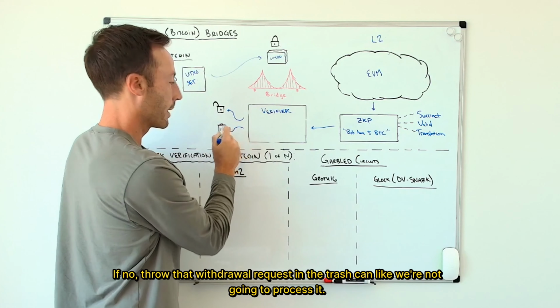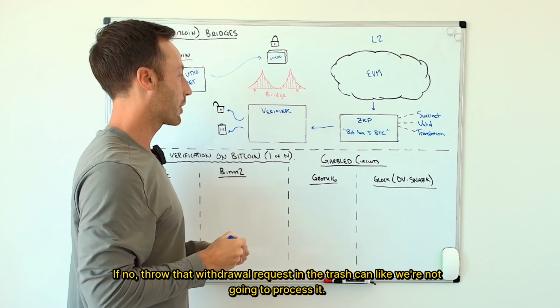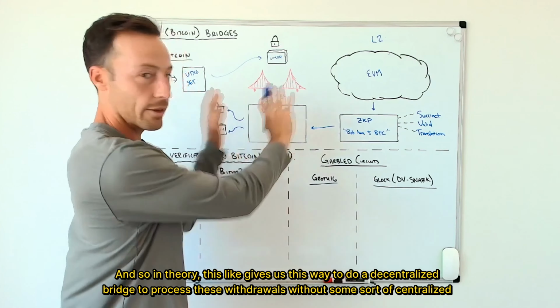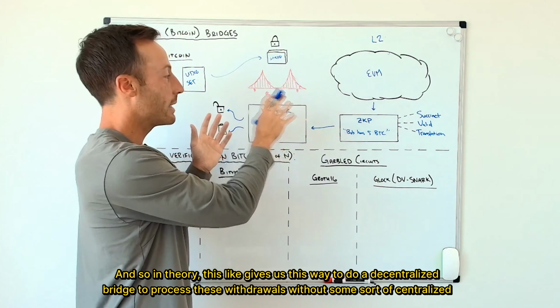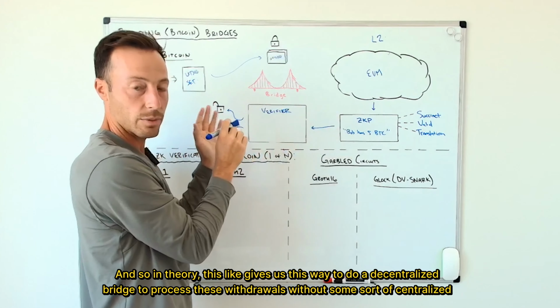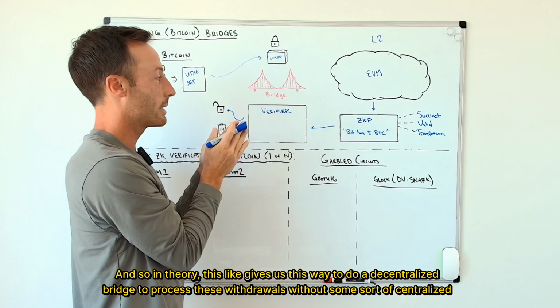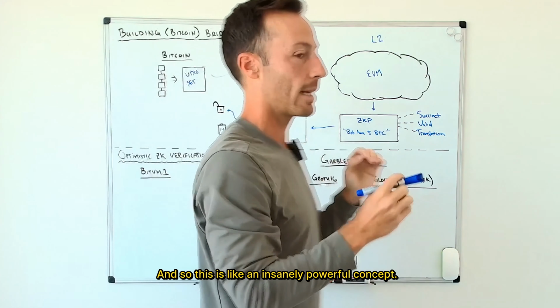If no, throw that withdrawal request in the trash can. We're not going to process it. And so in theory, this gives us a way to do a decentralized bridge to process these withdrawals without some sort of centralized intermediary. And so this is an insanely powerful concept.